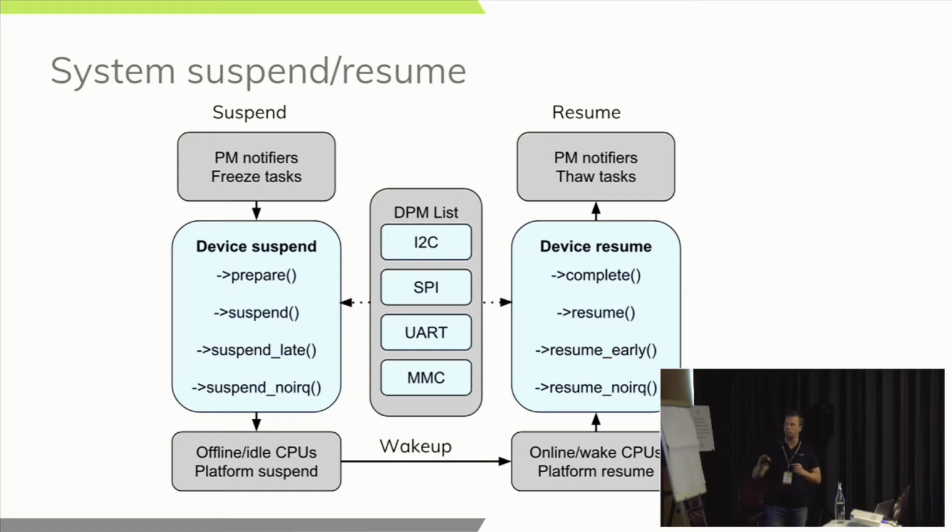And then when all the prepare callbacks have been invoked, it moves on to the next level, which is suspend and suspend late and so forth. When all devices in this list and all these callbacks have been invoked, the device power management thingy is completed, so to say.